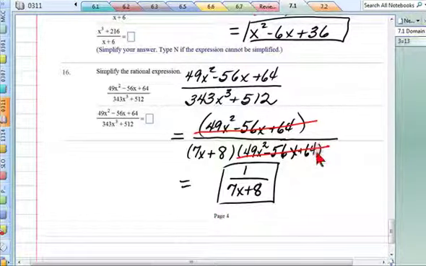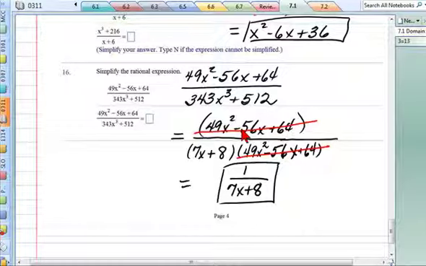Well, when I got 49x squared minus 56x plus 64 as the trinomial here, we have already kind of a rule that says that trinomial can never be factored. Since that's what the numerator was, that told me the numerator couldn't be factored. It's the exact same thing. And I had the advantage of already knowing that because I'd already done the problem.